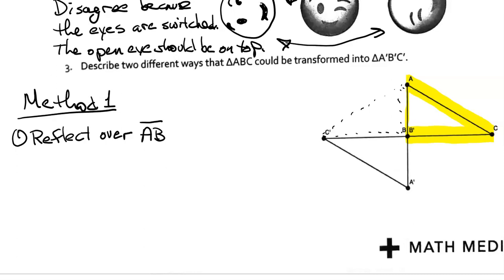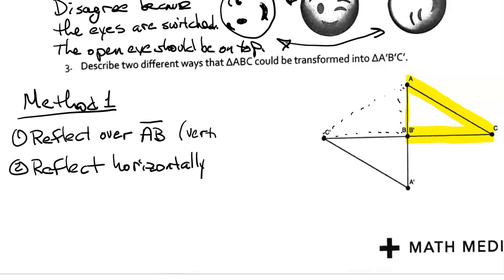And then if we reflect it again over BC, I'm just going to say reflect horizontally now. That will give us A prime, B prime, C prime. So we're going to flip it vertically. And then we'll reflect it or flip it horizontally.